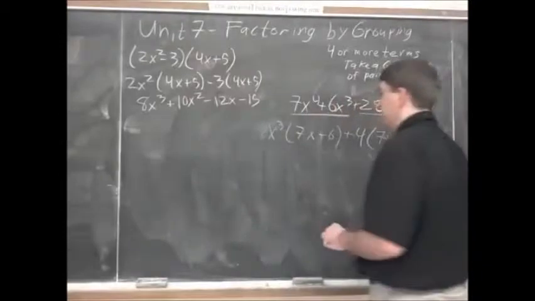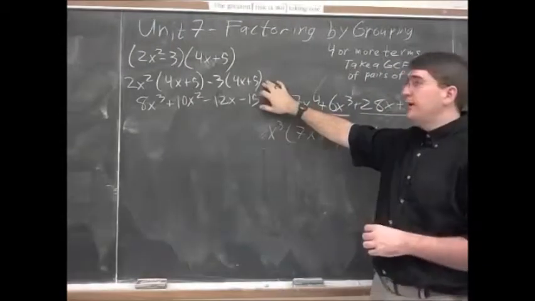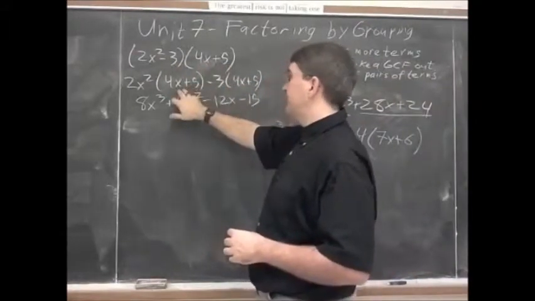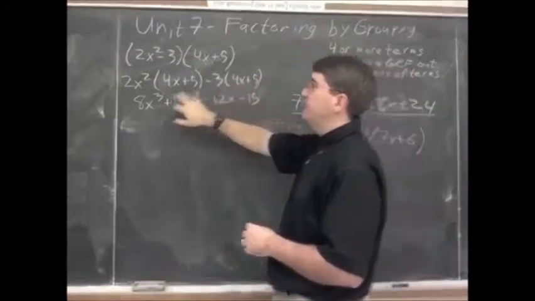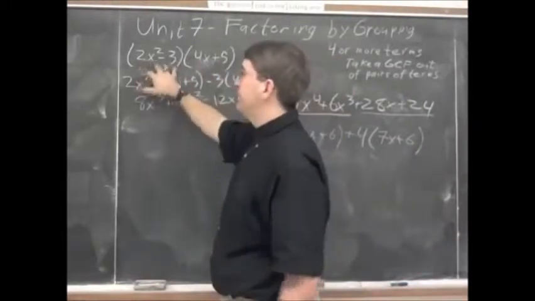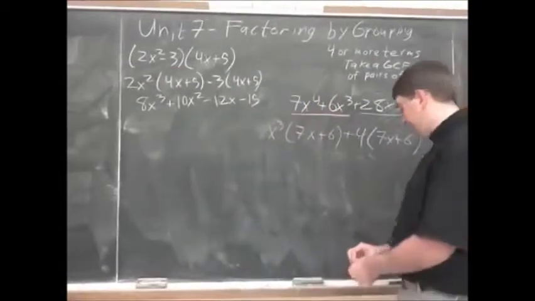This is important to us, because now we have a situation that looks a lot like what we had up here. Here, we had the common binomial term of 4x plus 5 and 4x plus 5 that we were able to pull out, and show that we have the 2x squared minus 3. We're going to do the same thing here.